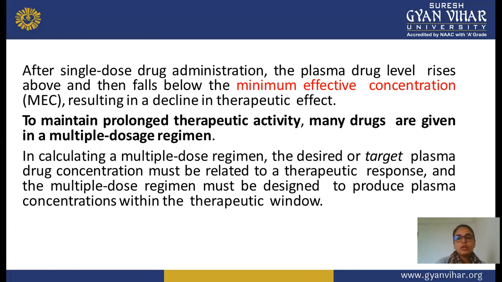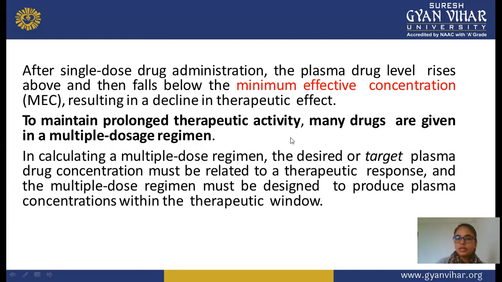To maintain prolonged therapeutic activity, many drugs are given in multiple doses. A single dose is not sufficient to maintain the desired effect of a drug for a long period of time. In this condition, we select a multiple dosing regimen.